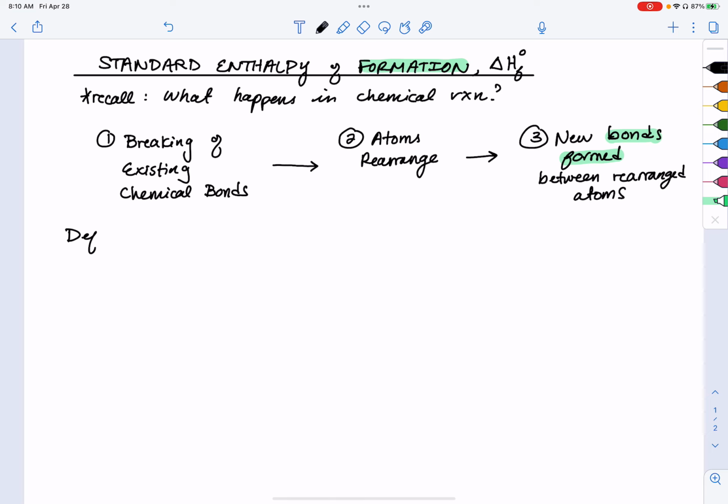So let's define the standard enthalpy of formation. Delta H sub F, so it's the heat of formation, naught means standard.